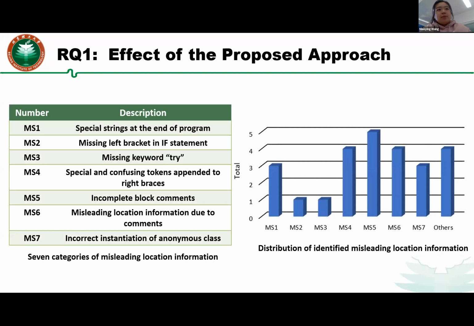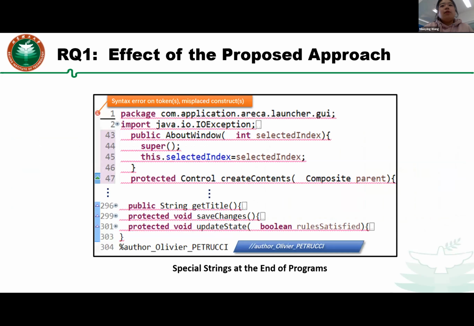Here we take number 1 and number 2, special strings at the end of program and the missing left brackets in if statement, as examples. For special string at the end of programs, this sample is generated by replacing double slashes on line 304 with a percent sign.